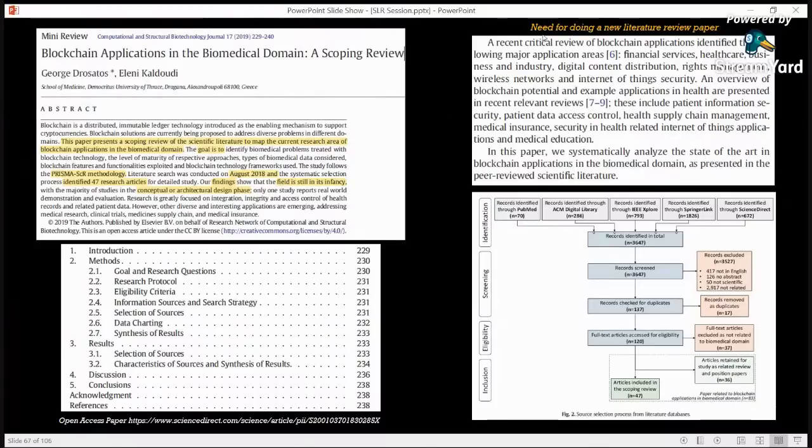This section talks about the need for doing a literature review paper. A recent critical review of blockchain applications identified major application areas like financial services, healthcare, and so on. An overview of blockchain potential and example application healthcare are presented in these 3 papers, 7 to 9.